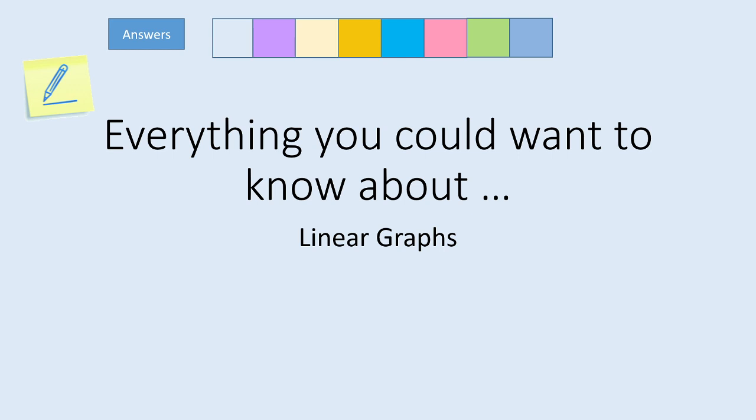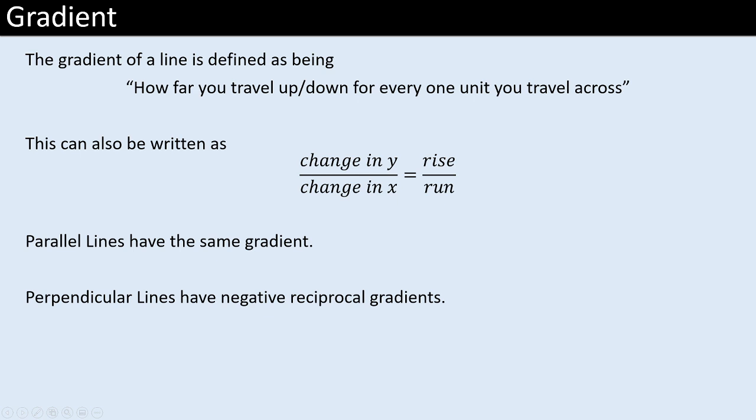Okay. And the first thing that we need to be sure on are what everything means. And when we're thinking about what everything means, we need to know what our definitions are.